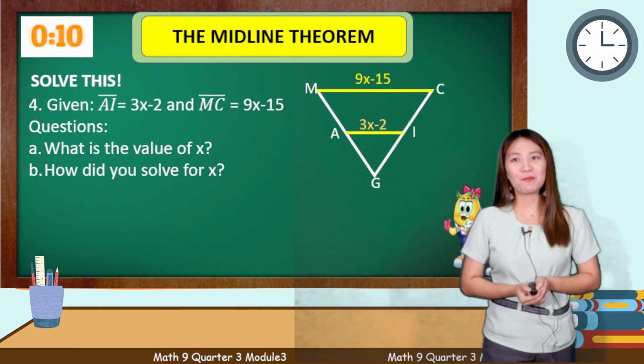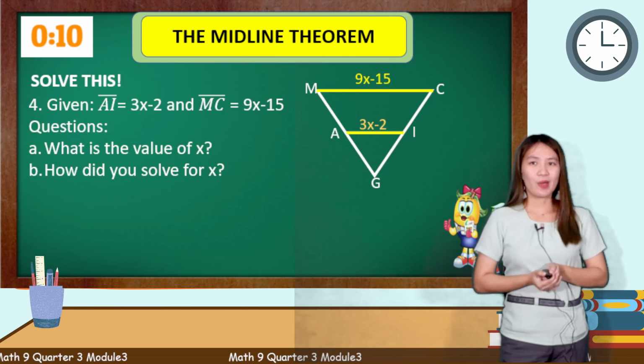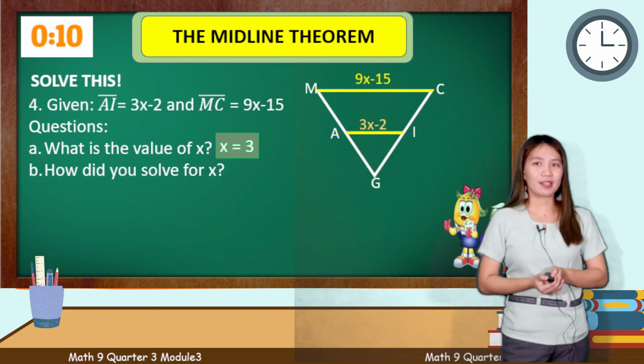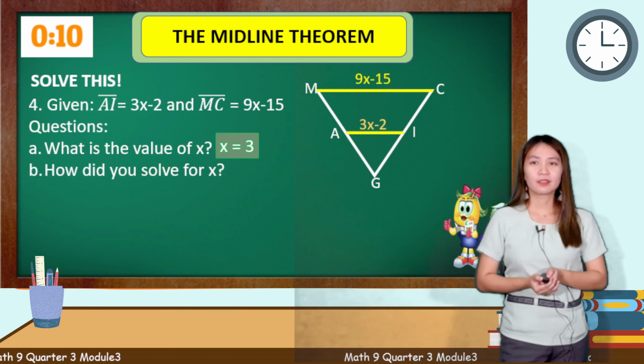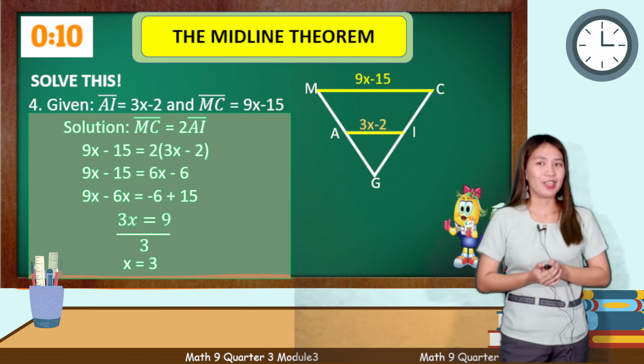Okay, time's up. So what is the value of x? So x is equal to 3. And how did you solve for x? Compare your solutions to this one. Are they the same?